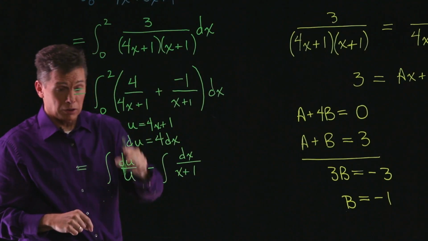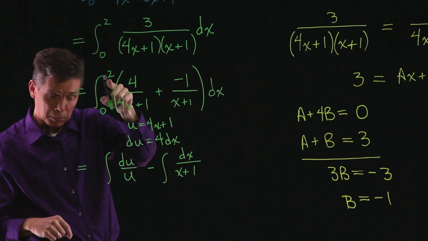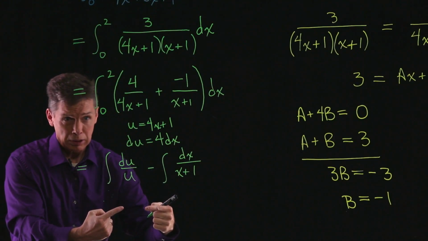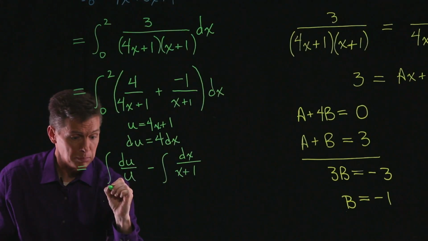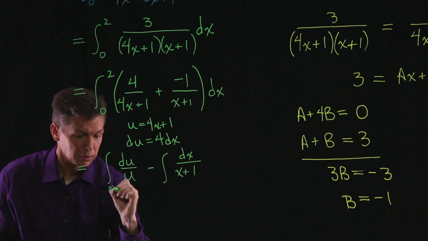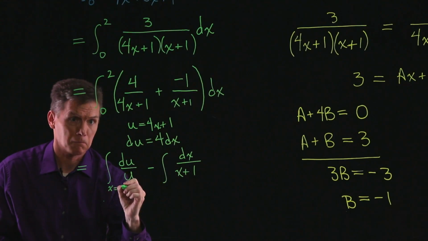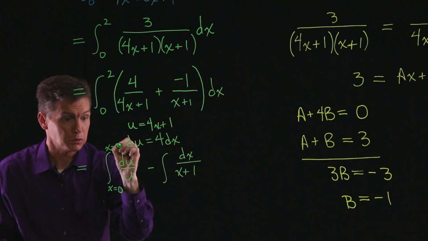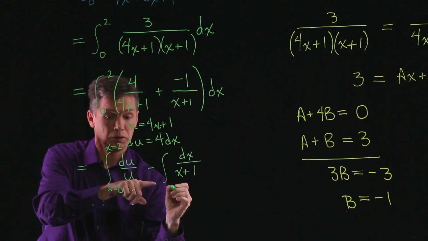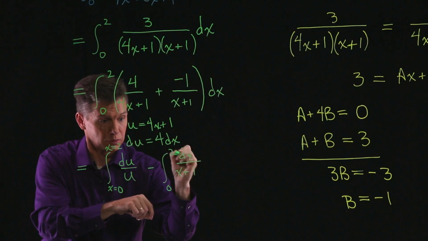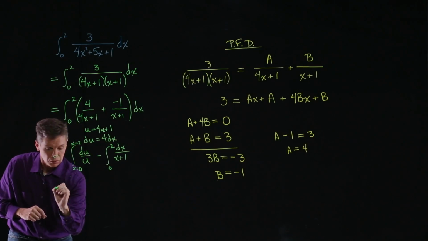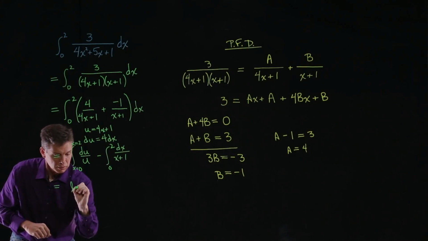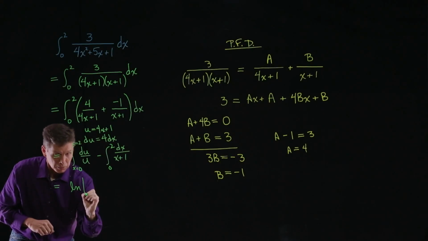Okay. And I do still have these limits of integration, but I'm going to hold on to those for a second and resubstitute for u after I integrate. So I'm still going to keep those as x's. X equals 0, x equals 2. So this equals, this is a natural log of the absolute value of u.